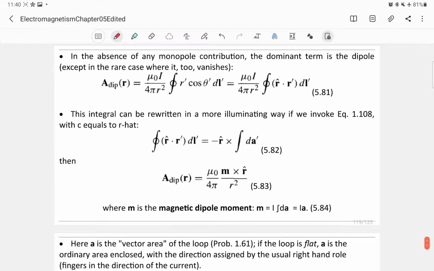So in the absence of any monopole, the dominant term is the dipole, this one. But there are some rare cases where the dipole also vanishes.